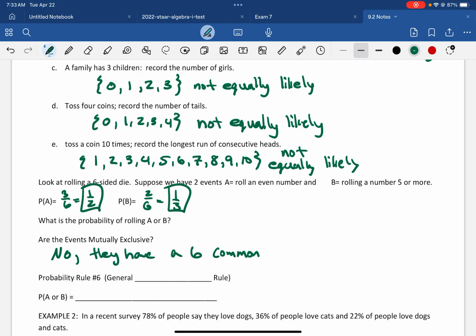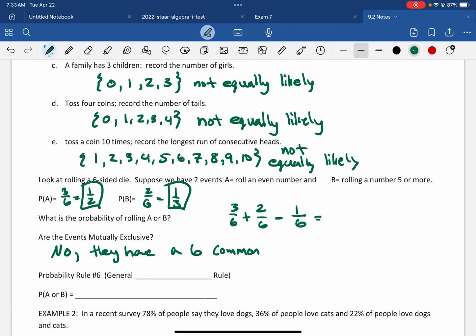So we have to find the probability a different way. It's not just simply addition. All right, we have to find the probability of event A, 3 out of 6, plus the probability of event B, 2 out of 6, minus the probability of both of them happening, which is 1 out of 6. So this becomes 2 out of 3 probability.